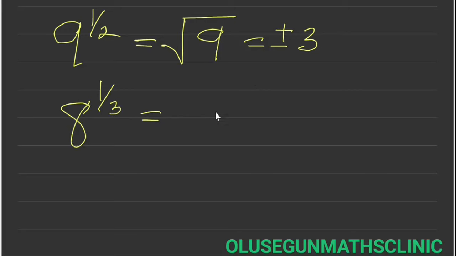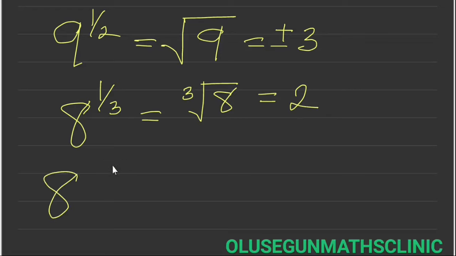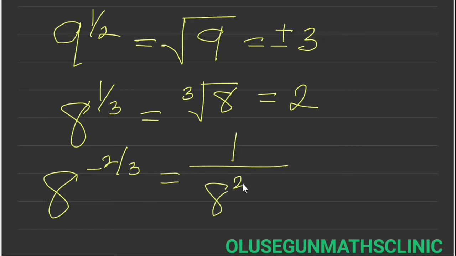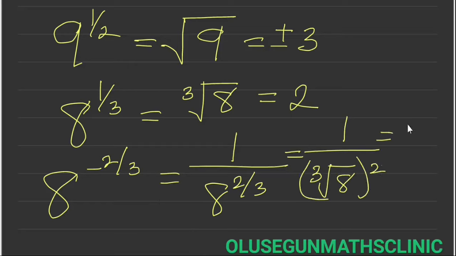For example, we also give a value like 8 raised to power 1 over 3. You can rewrite it in the form of the cube root of 8, and the cube root of 8, we all know, is 2. For example, we also have a question like 8 raised to power minus 2 over 3. You go back to the law: because it has a minus, it will make it a fraction, 1 over the cube root of 8, all squared.